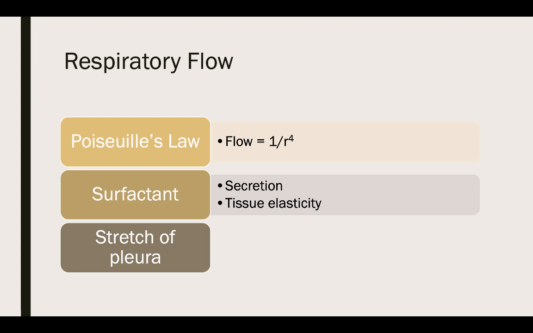Think back to the visual of those alveoli. We've got the surfactant on the inside. That's kind of our lubricant on the inside. It helps with our secretions, and with trying to expectorate if we need to cough and get things out. It helps with tissue elasticity, so it helps keep our alveoli open, helps keep them pliable and recruited to take the air that we're moving in and out.